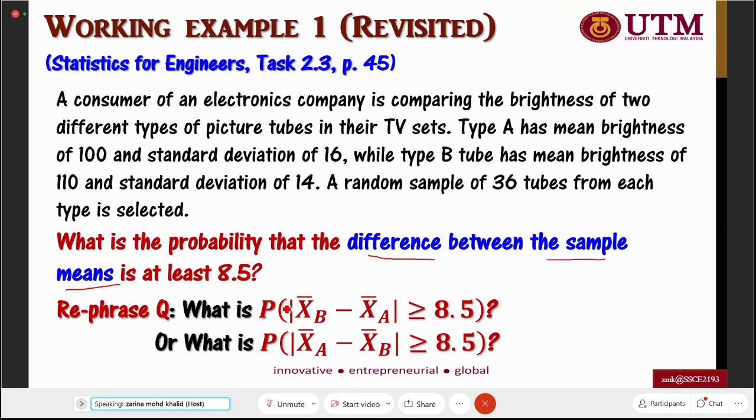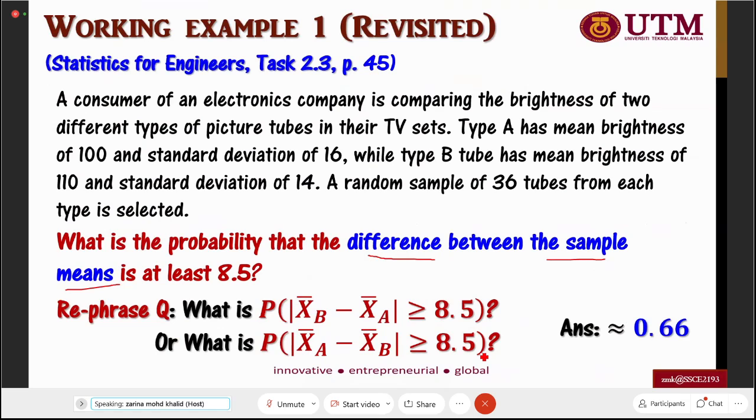These two approaches will lead to the same answer. It is almost the same as what you got just now. However, if you don't put modulus, you will get the wrong answer for the second one. When you don't put modulus, the answers are not the same. Without the modulus, the probability of X bar A minus X bar B at least 8.5 will be 0.